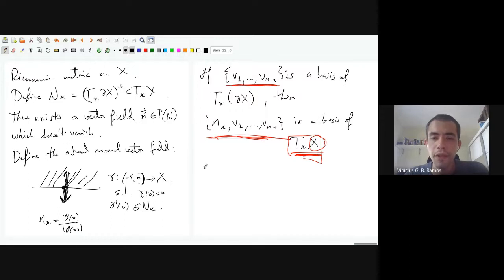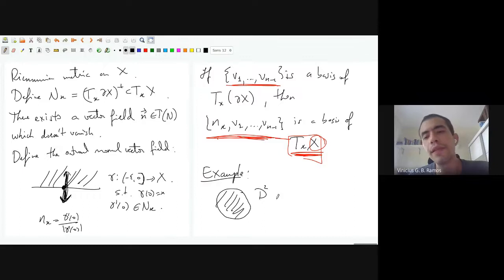Okay, so for example, let's look at some examples. If you take your disk, so this is my disk B2 inside of R2. As I told you, this B2 has a natural orientation.